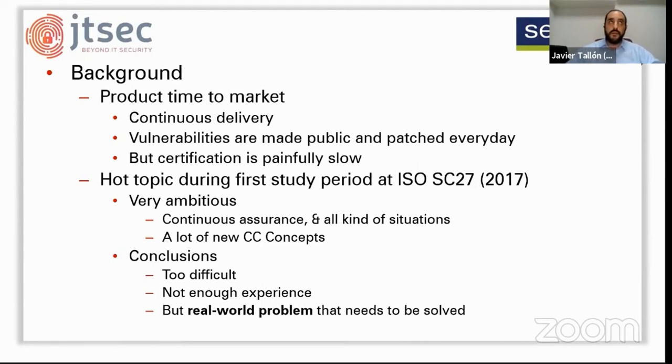But they also concluded that it's in favor of certification to value security. So it's a real world problem that needs to be solved, and we need to adapt.